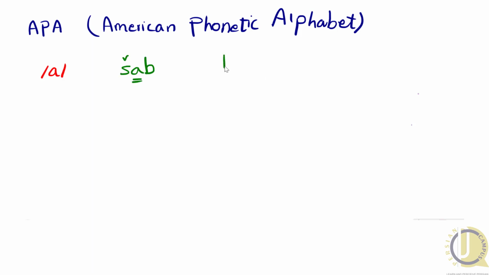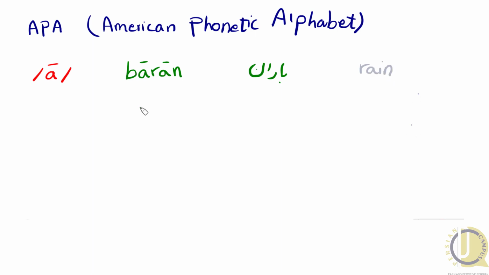A in شب, in بیشتر, in بیژن. This symbol is used for a sound, as in باران، خواهر.